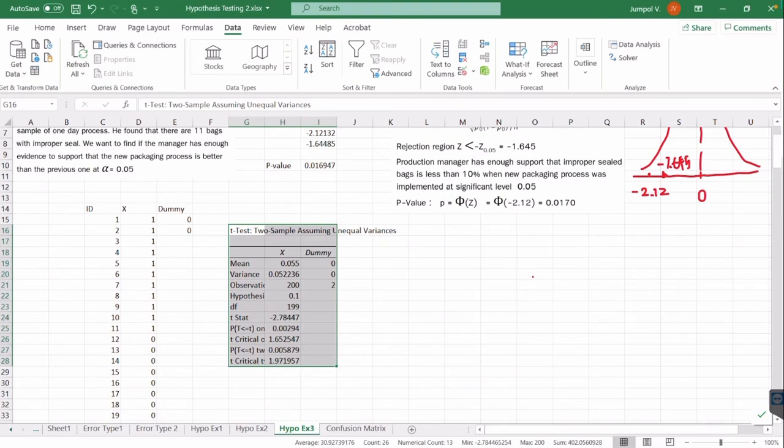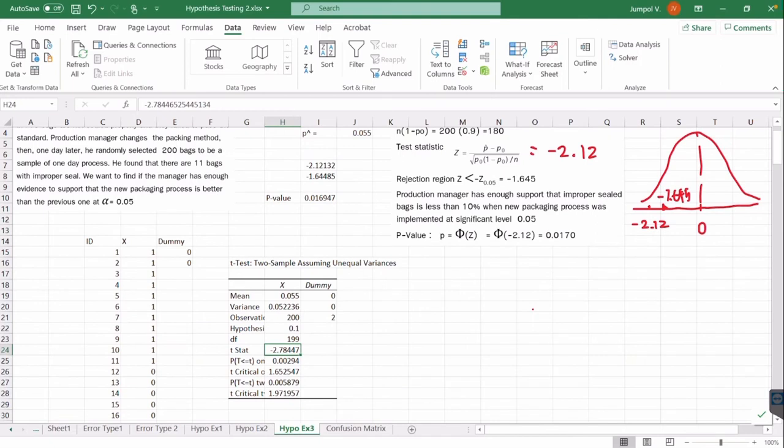We got this result. The test statistic is minus 2.78, which is larger in magnitude than the test statistic from the manual calculation, because the assumed distribution here is t, not z.